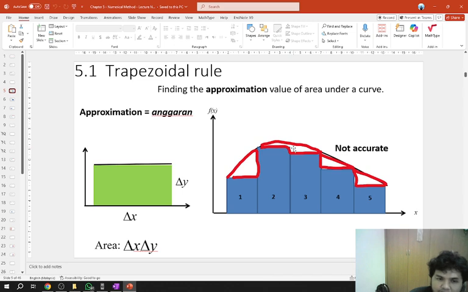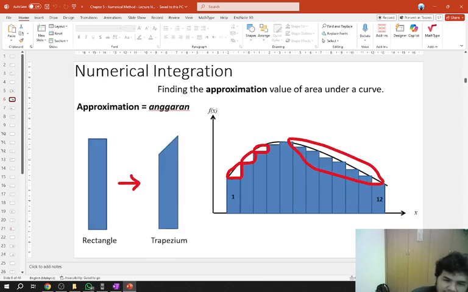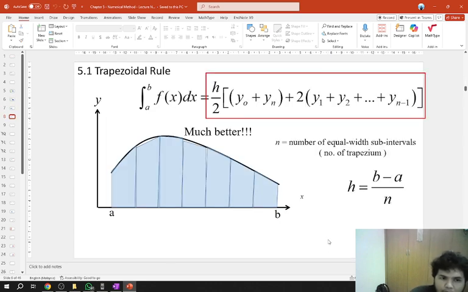We ignore this region, and then we switch from the rectangle shape to the trapezium shape, so we will have a more accurate or much better approximation.